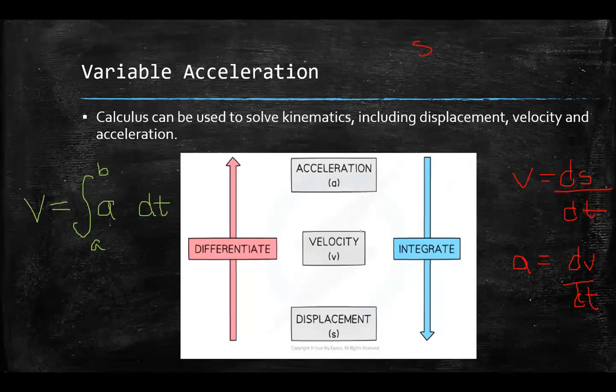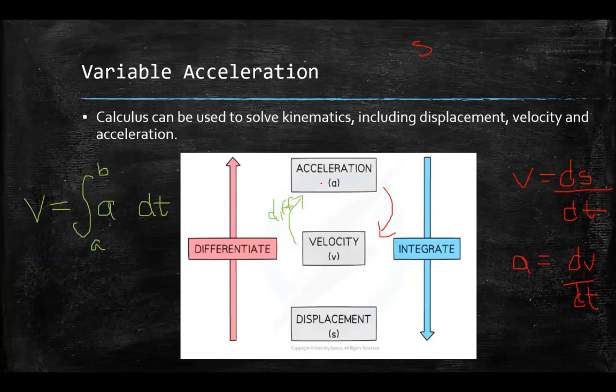Let me just say that again. For velocity to acceleration, you differentiate. But what if I want acceleration to velocity? Then notice how this arrow goes. This one is going up, but then this one is coming down. These arrows are the reverse of each other.